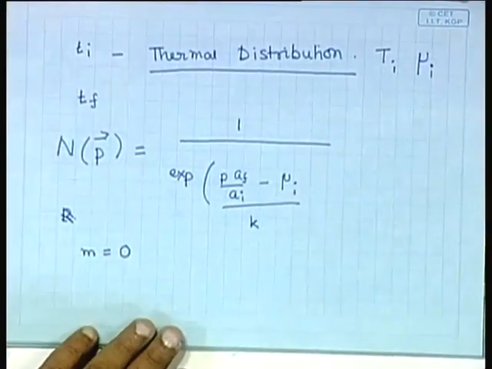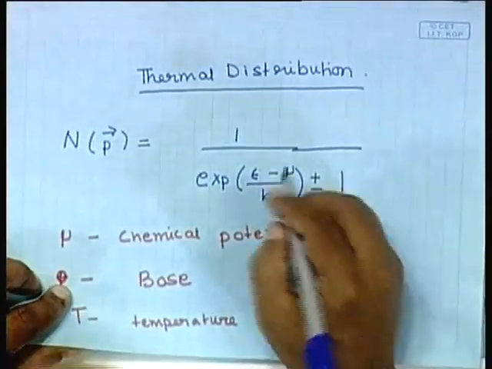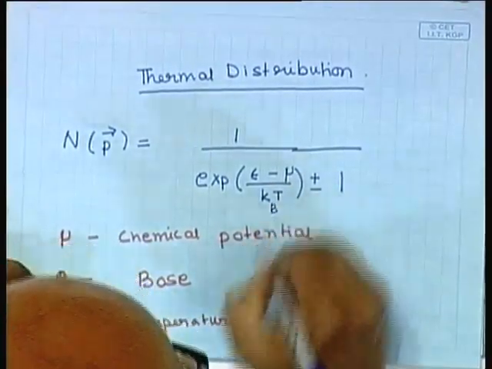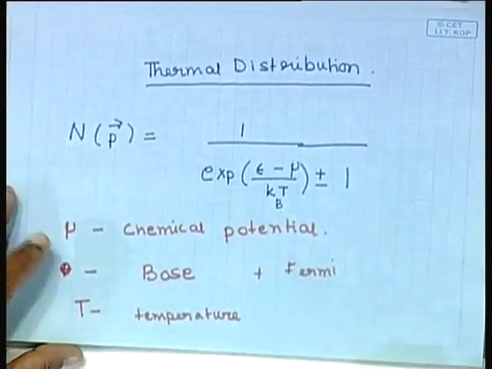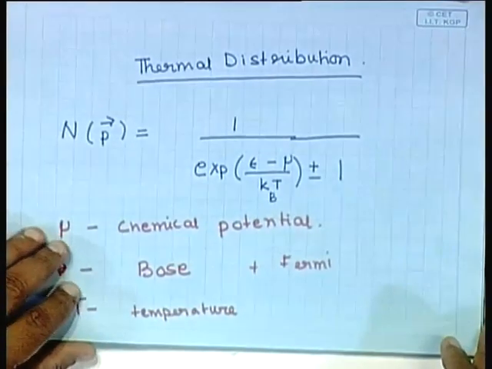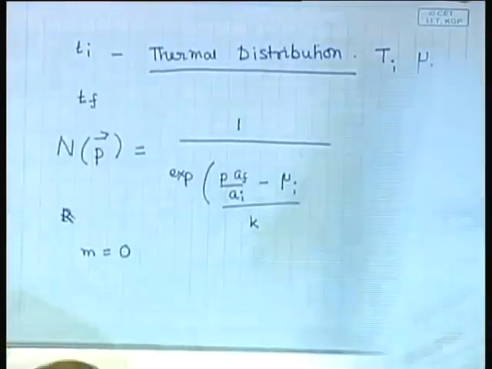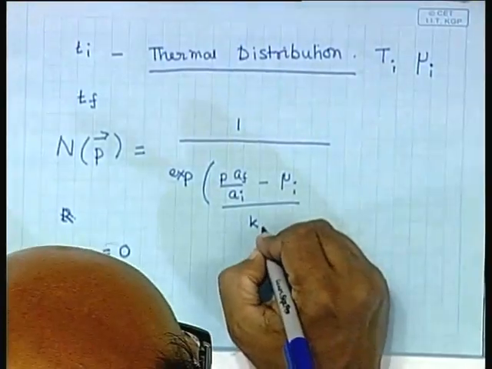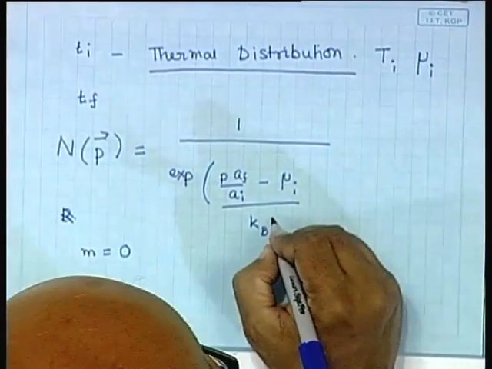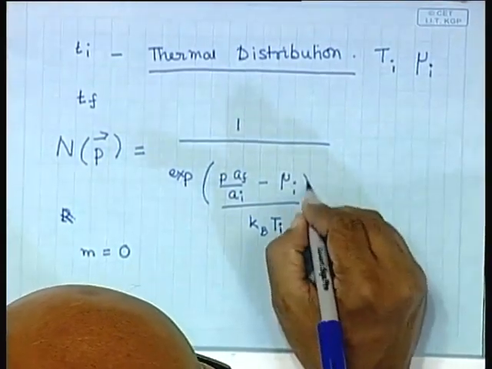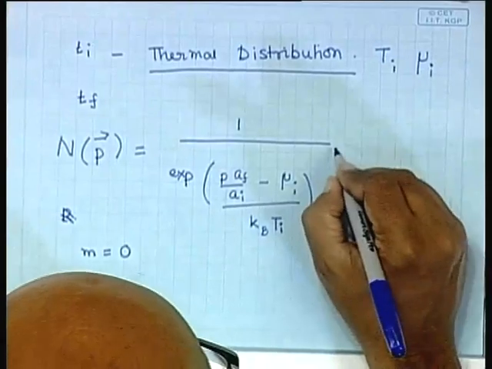I should have clarified this earlier: this k is the Boltzmann constant kB, not the wave number of the mode that we are dealing with, right. This is the Boltzmann constant that occurs in thermodynamics. Okay, kB into T initial, minus 1.